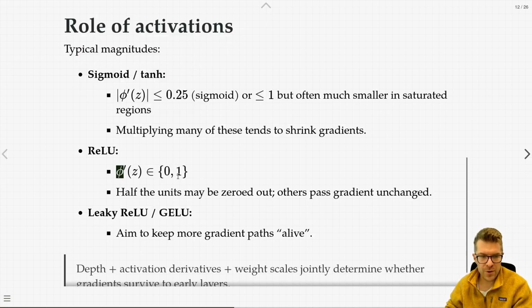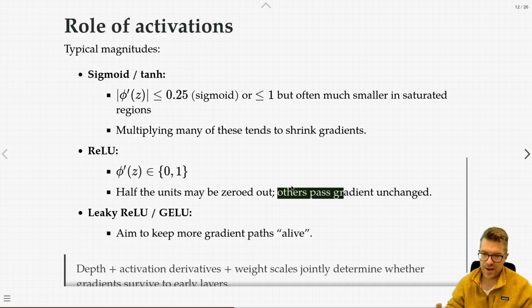The derivative of the ReLU activation unit is going to be 0 or 1. So speaking loosely, half of the units might be zeroed out, and the others will pass the gradient unchanged, which is a little bit of what we want and a little bit of what we don't want. Sometimes zeroing out parts of our learning process can be helpful from an efficiency point of view.